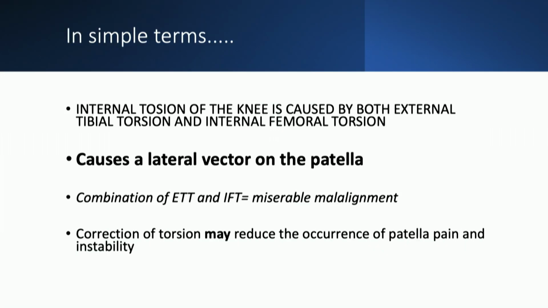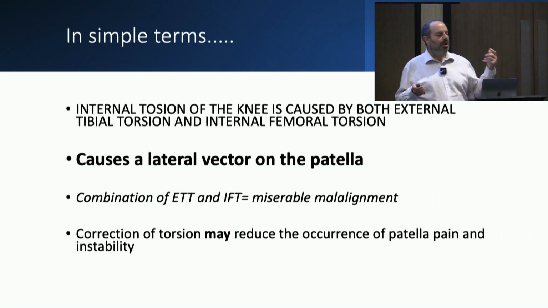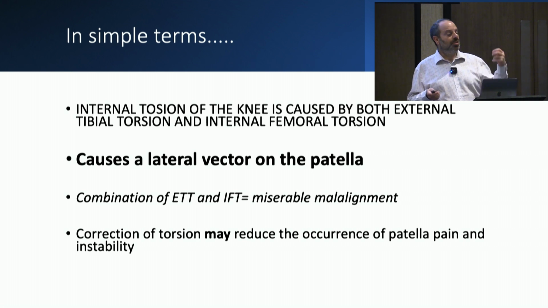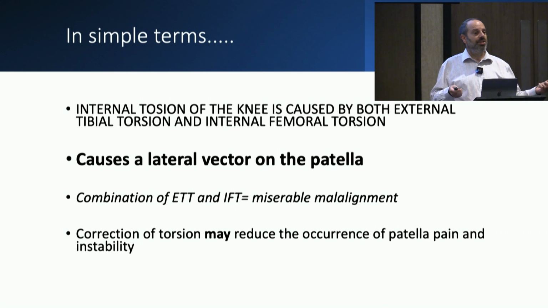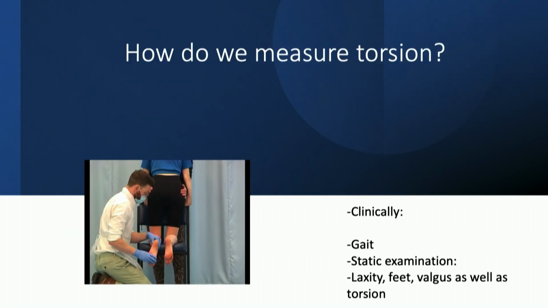So basically, both of those deformities, external tibial torsion and internal femoral torsion, will cause a lateral vector on the patella. And when you have that deformity in both bones, it's miserable malalignment, something that's quite difficult to treat without input. And so basically, if you deal with this torsional problem, the theory is that you will reduce patellofemoral pain in cases where it's present, and you may also decrease the level of instability patients have.